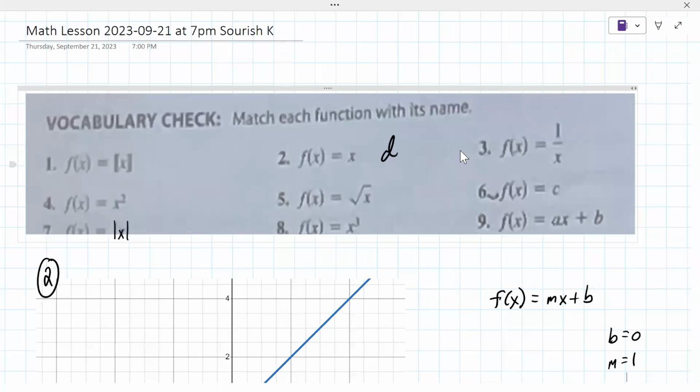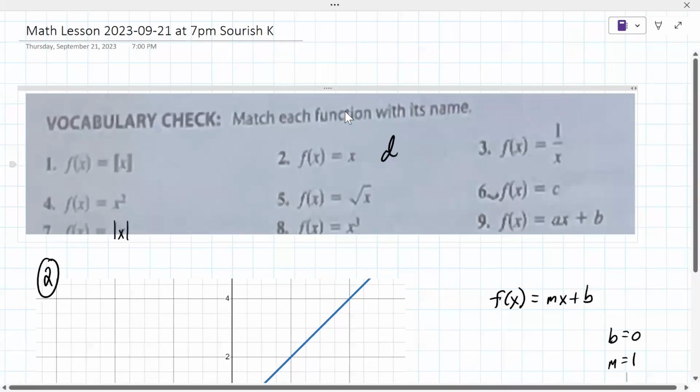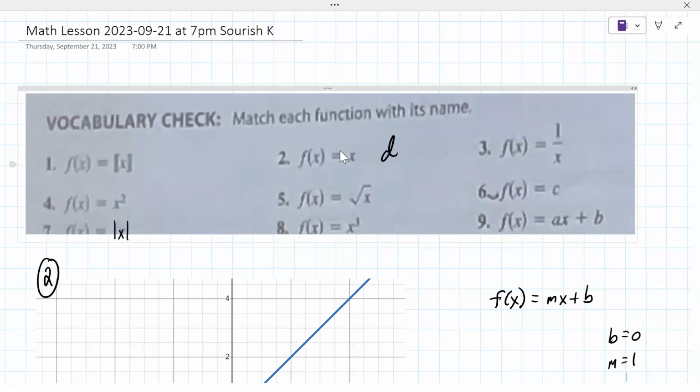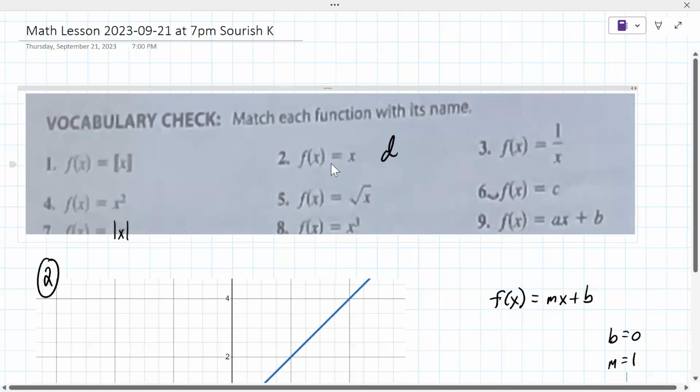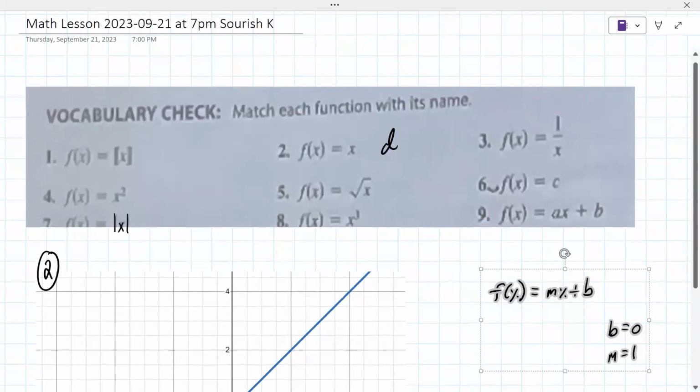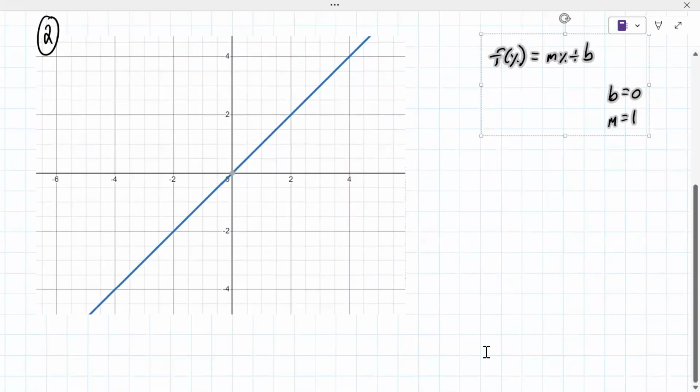A square root function. Okay, where is the square root symbol then? I just don't think it's a linear function. Well, look at what I wrote down here in the lower right. Let's look at this.